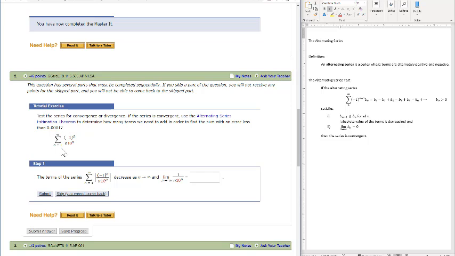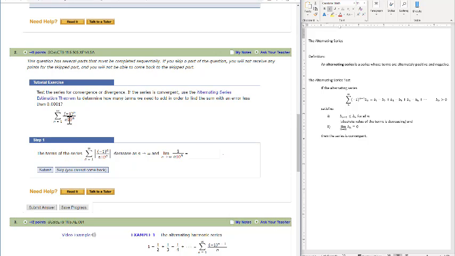Our series is a series that goes from 1 to infinity of (-1)^n divided by n times 10^n. So we have a 10^n in the denominator. This has a very good chance of converging. Even if we take the absolute value of this, our denominators are going to get larger and larger, so that's going to be decreasing.